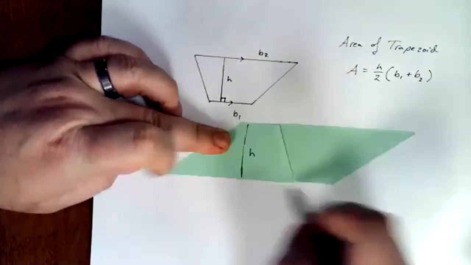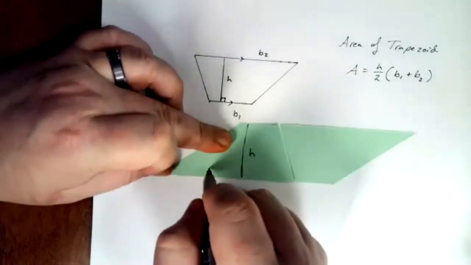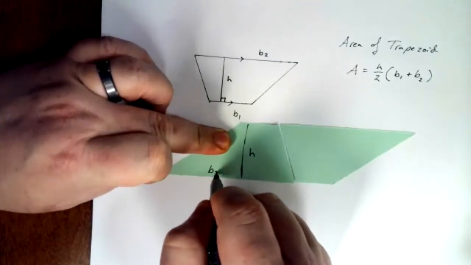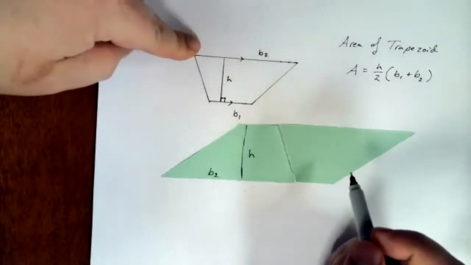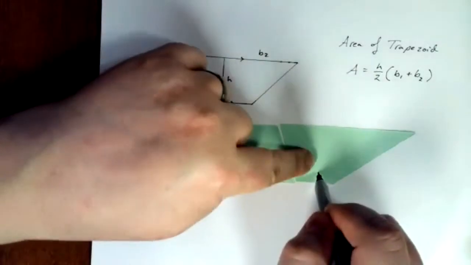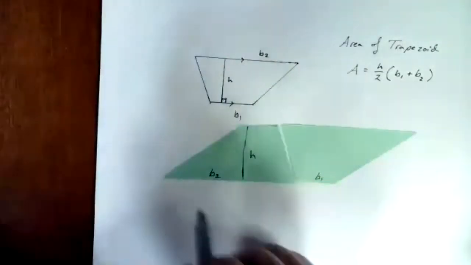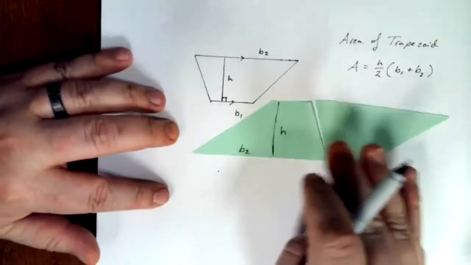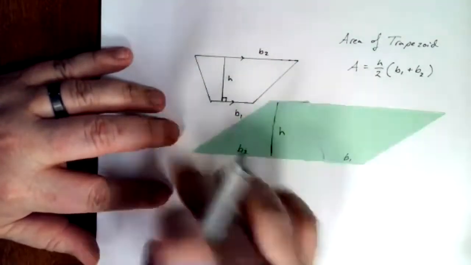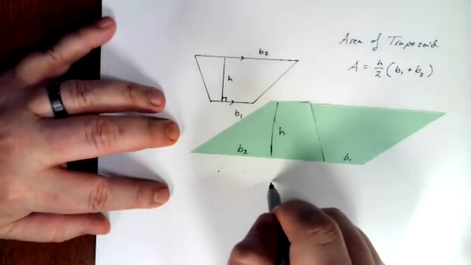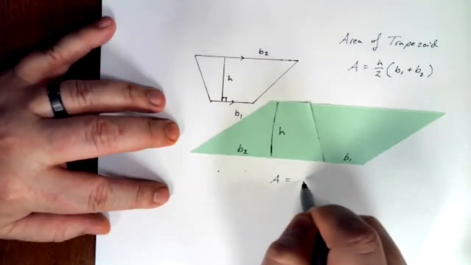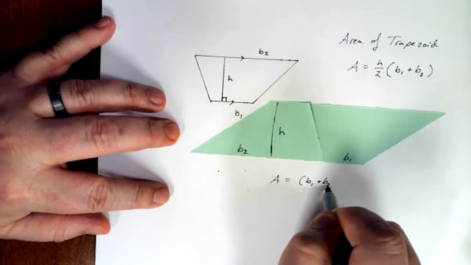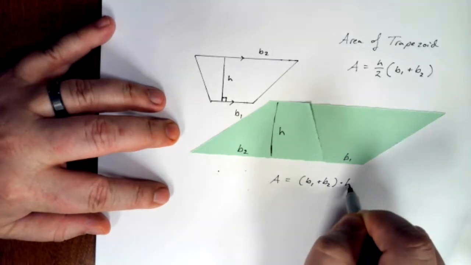Now the base of this parallelogram is this long one was base 2, and this short one was base 1. And it doesn't really matter which one you call which. So what we have for the area of this whole thing is the bases, base 1 plus base 2 times the height.